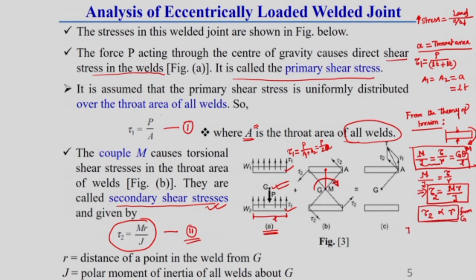This J is called the polar moment of inertia. In this welding design case, we should consider the polar moment of inertia of each weld, because we are interested in finding the shear stress in the weld. That is why you have to find the polar moment of inertia of every weld.